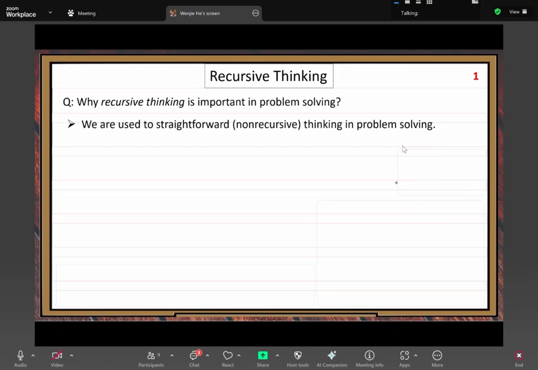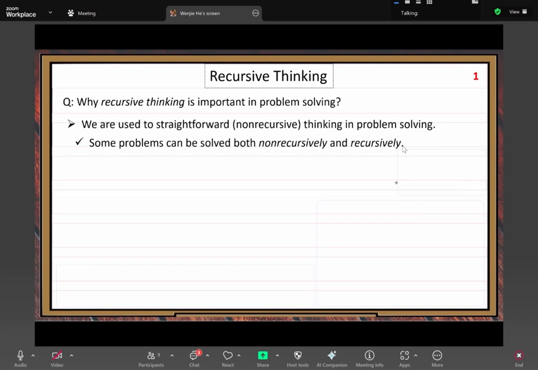But for relatively hard problems, straightforward thinking could be too hard, because when you work on the whole problem, it could be too hard. So we want to take a different approach. We want to solve this problem step by step, bit by bit, gradually moving up.